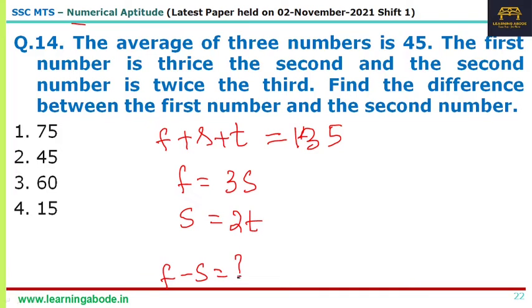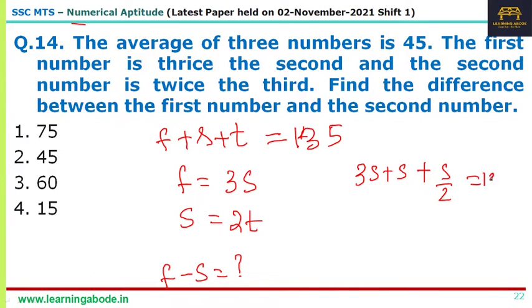Now let's write everything in terms of the second number. The first number is 3 times the second number, so 3s. The second number is s itself, and if s equals 2t, then t equals s by 2.